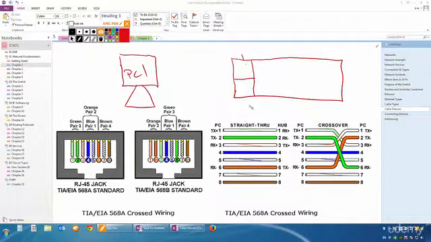Okay, so here's port 1, and here's port 2. I'm not going to draw the rest of the ports. This will be switch 1. Going into the switch port, I'm going to have an Ethernet cable, which means I'm going to have 4 cables. Technically 8, but we're only going to be drawing the 4.